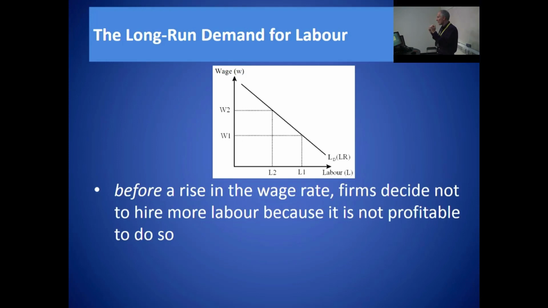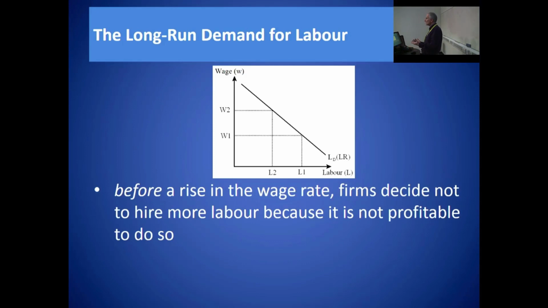Now think about that profit maximising consideration. What would happen if the price of labour goes up? All of those units of labour a firm could have employed before, but chose not to because it wasn't profitable, well, now that the price of labour has increased, it is even less profitable.